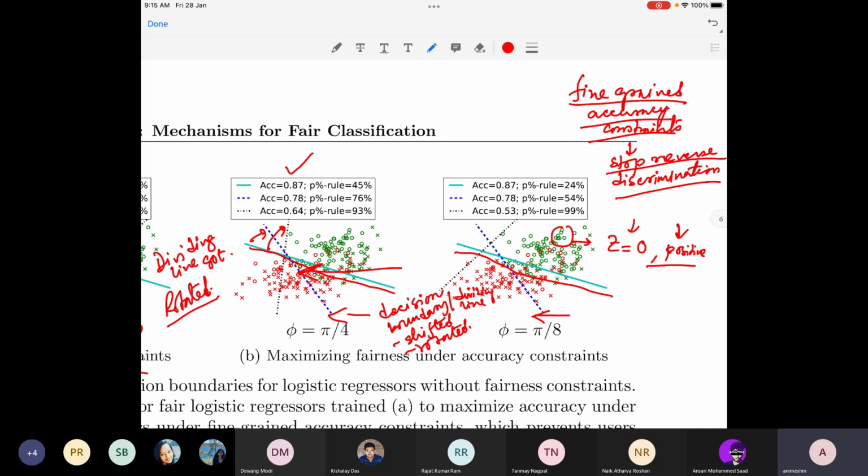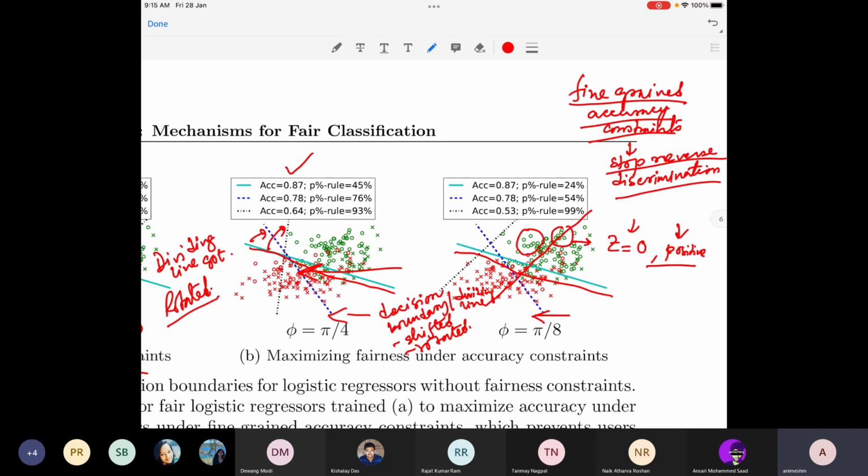So we did not want that. Okay. So now if this shift was not there, then this boundary would come somewhere here, and then many of these points would be misclassified, right? And therefore, this would have been something which we would not expect.